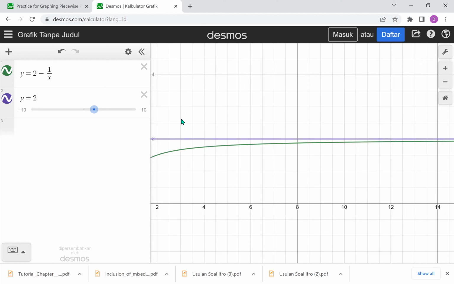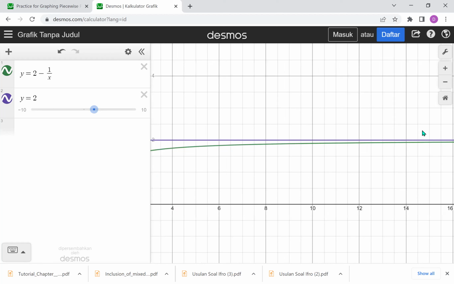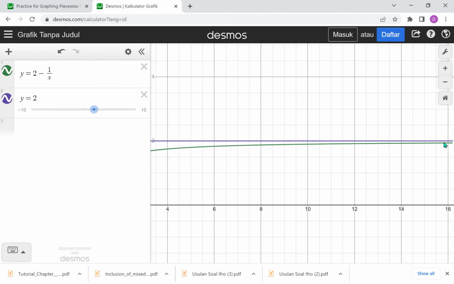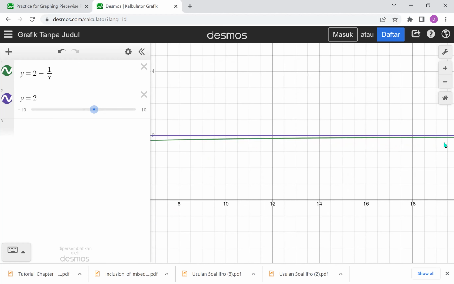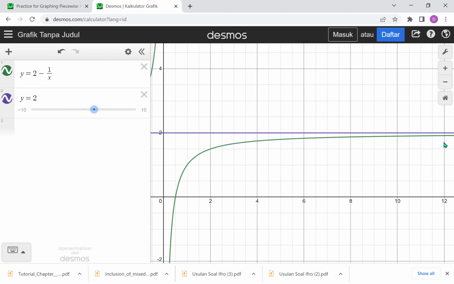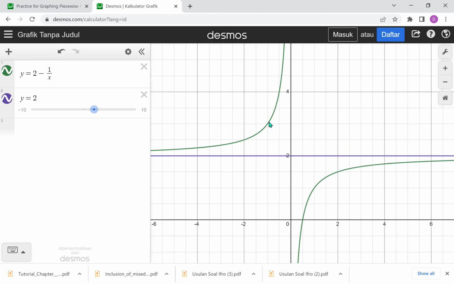If I take the limit as x tends to infinity, meaning I move the point on the graph to the right indefinitely, then it's approaching the line y equals 2. And similarly, if we consider the limit to minus infinity as well.